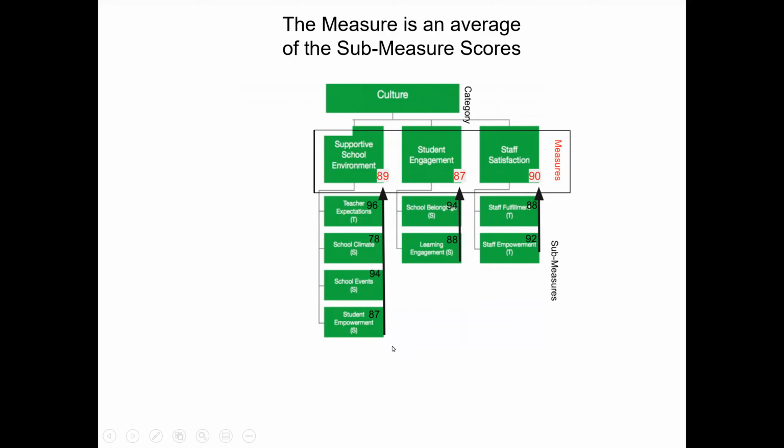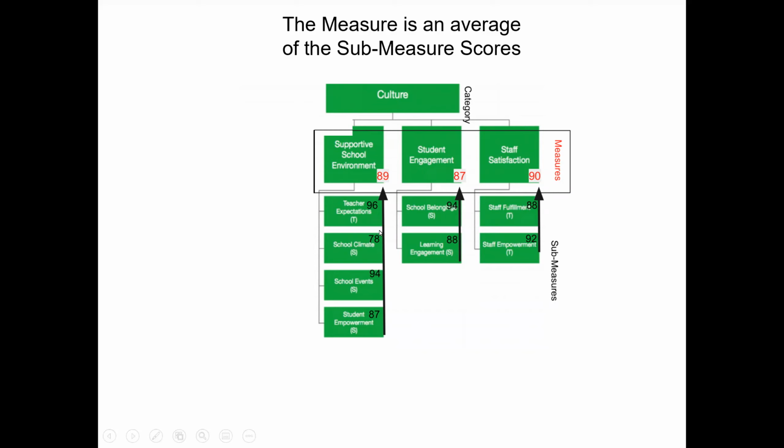The calculations are obtained by every individual MRA question being translated into a numerical score from 0 to 100. Then all of the responses to a particular question are averaged. And then all of the questions that are associated with a particular submeasure are averaged as well.